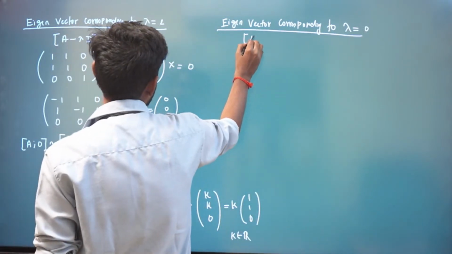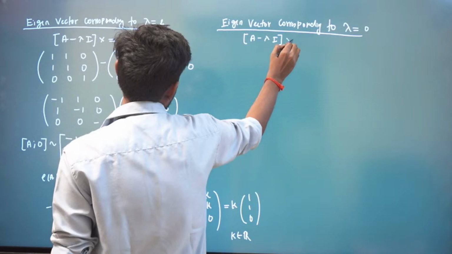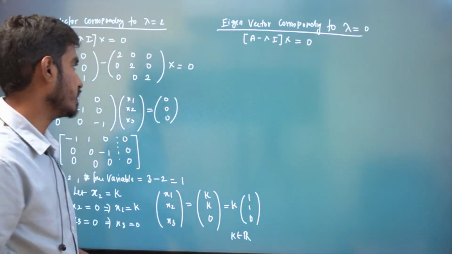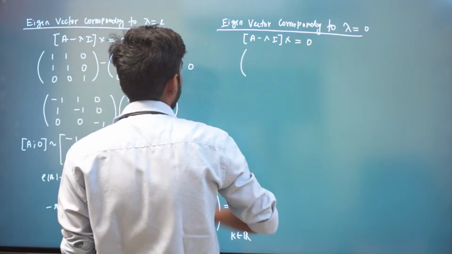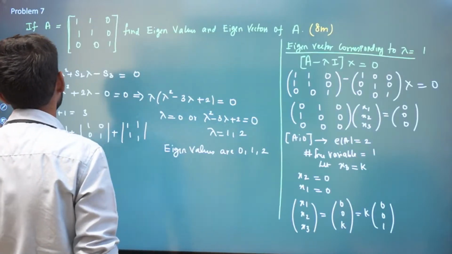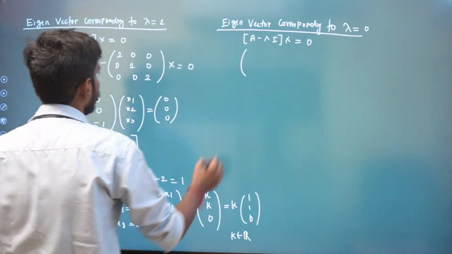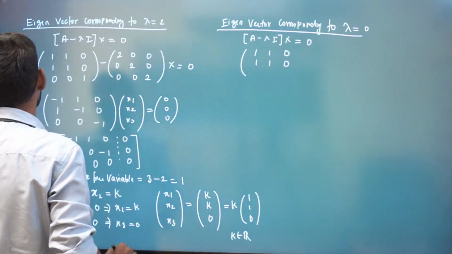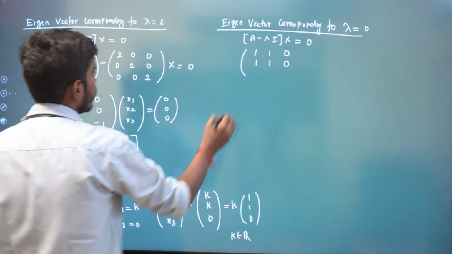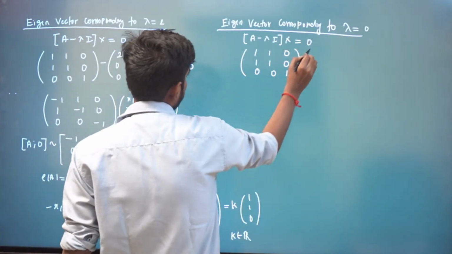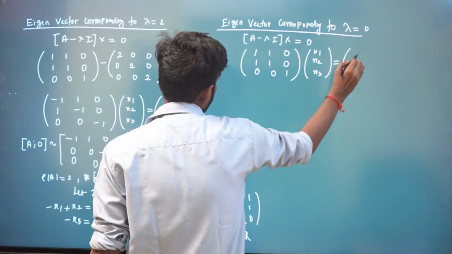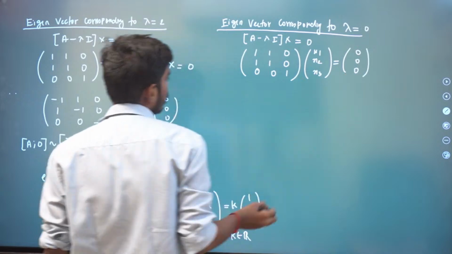So (A minus lambda I) x is equal to 0. Lambda is 0, so A minus 0 turns out to be 1 1 0, 1 1 0, 0 0 1, times x1, x2, x3 is equal to 0, 0, 0.